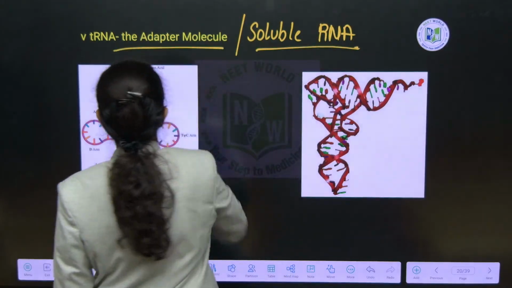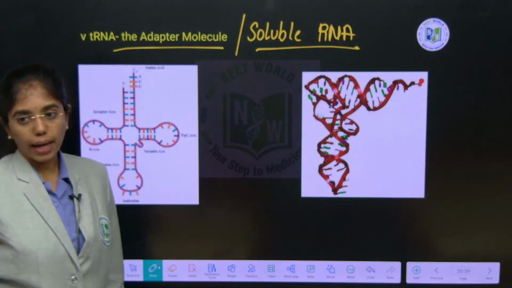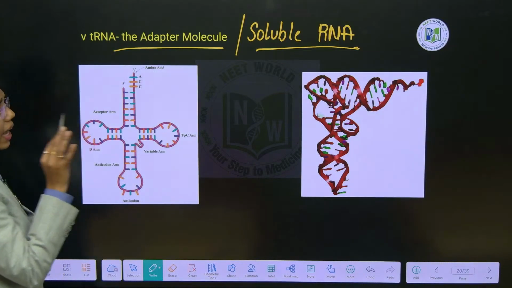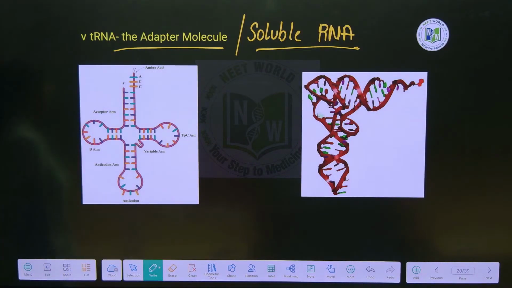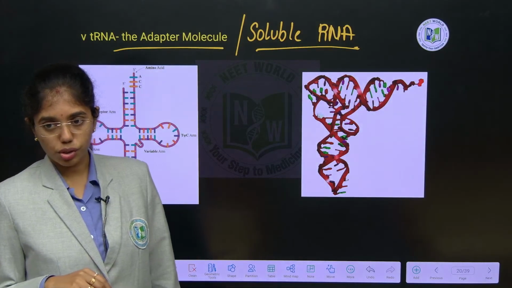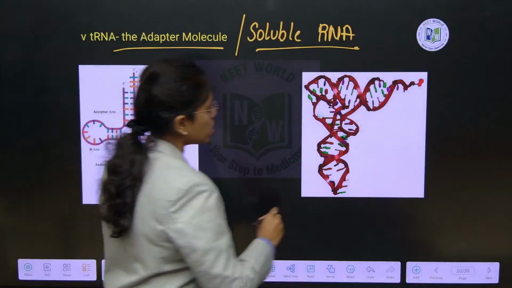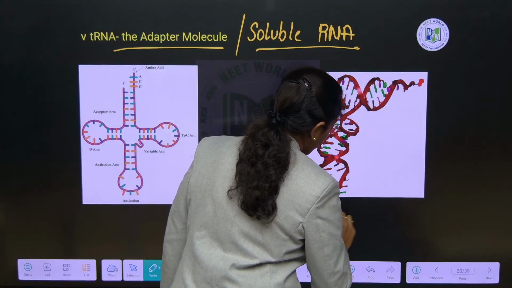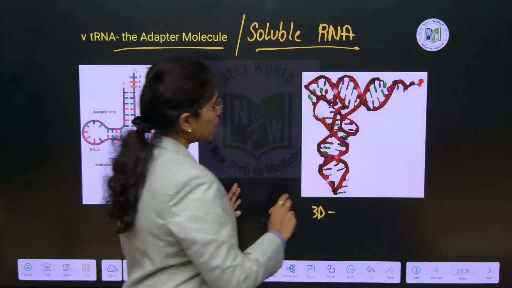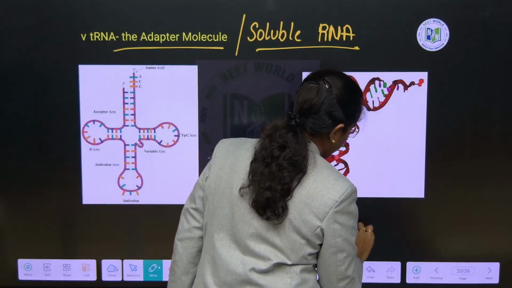Okay, adapter RNA or soluble RNA. Here you see the adapter RNA, it has two structures, a 2-dimensional secondary structure and a 3-dimensional tertiary structure. The tertiary structure, which is the 3D structure, is an inverted L-shaped model.